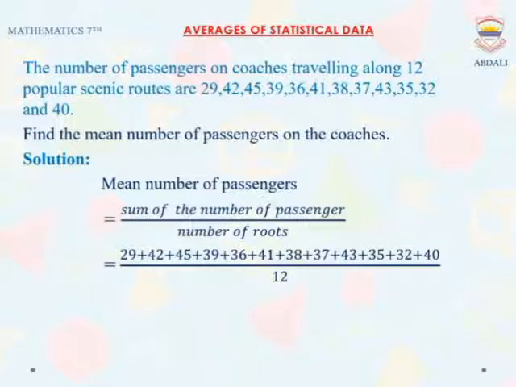We will sum all the values of data, and in the denominator we will write the total number of routes, which is 12 routes. We will add in the numerator and the answer will come as 457. Then we will divide it by 12 and we will get 38.1. Okay.